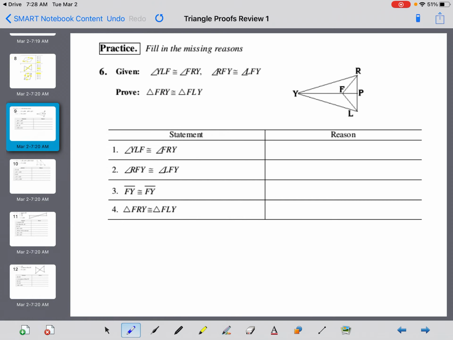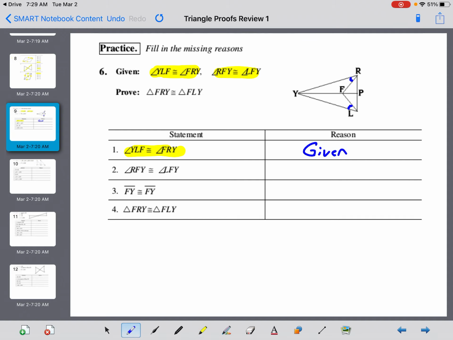Okay, writing proofs. We have a few givens here, okay, that angle YLF is congruent to angle FRY. So why don't we plug those in? YLF is here, FRY is here. Okay, and they labeled that in number 1, so that is your given. You have another given, though, that angle RFY is congruent to LFY.